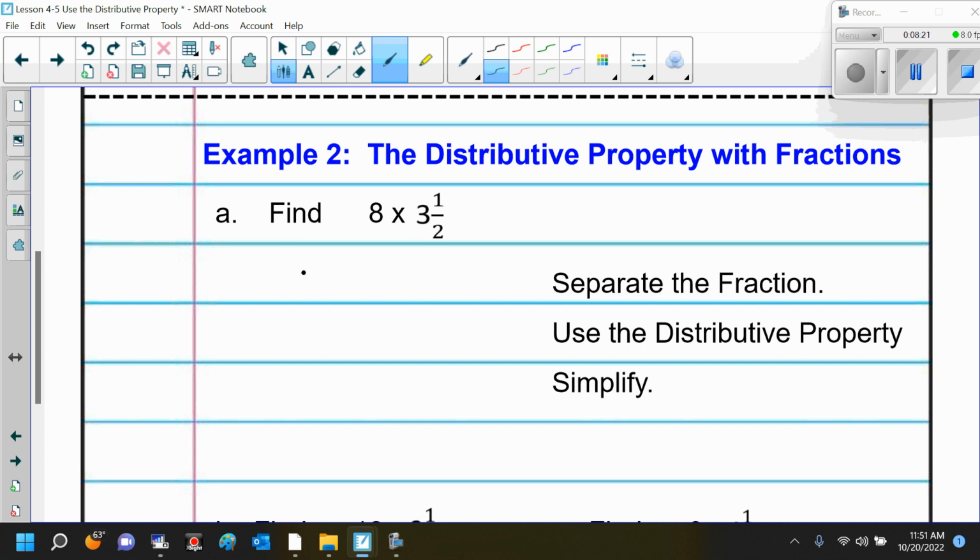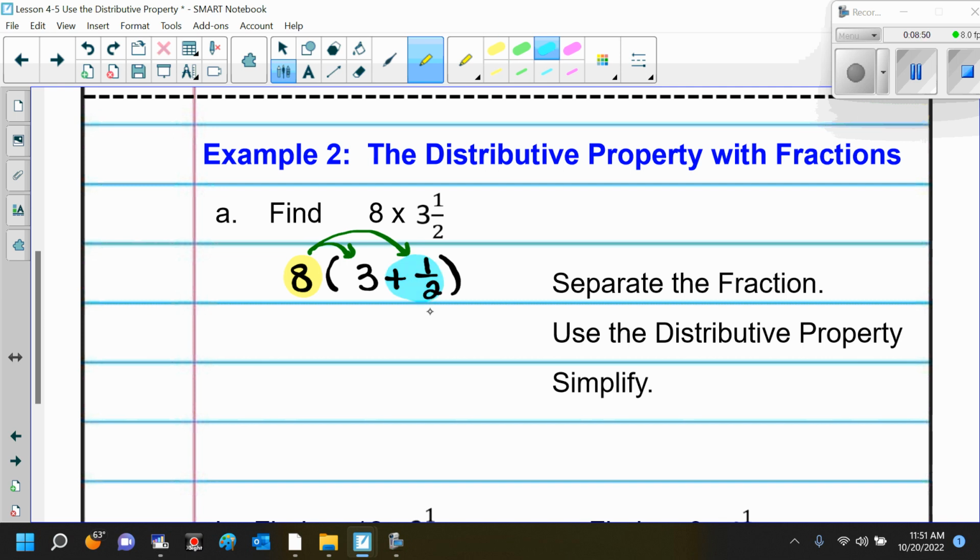So we have 8 times, and when we separate that fraction, it's going to be 3 plus 1/2. 3 plus 1/2. And now we can use the distributive property. So we're going to take that 8, and we're going to send that through the parentheses, 8 times 3, and 8 times positive 1/2.